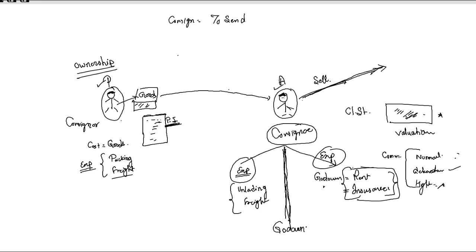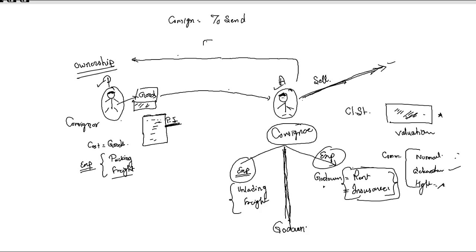Now we will talk about the account sale. Once this consignee sells these goods, he will give the details of sale along with the expenditure he has incurred, the commission, whatever advance he has paid, and the balance he has to pay.